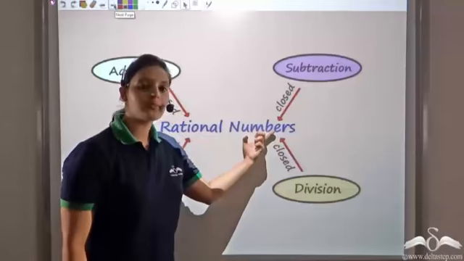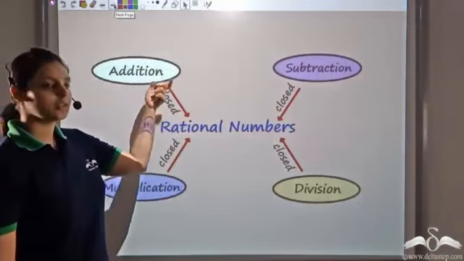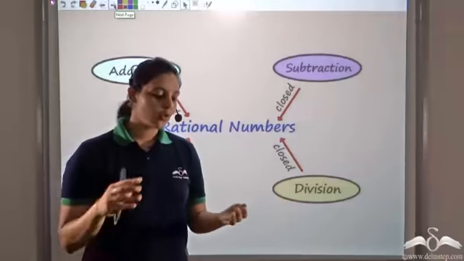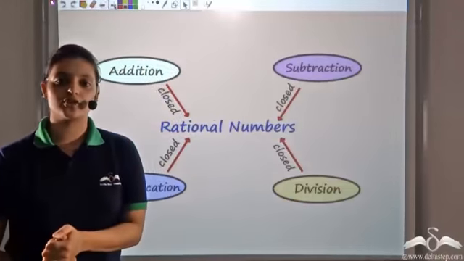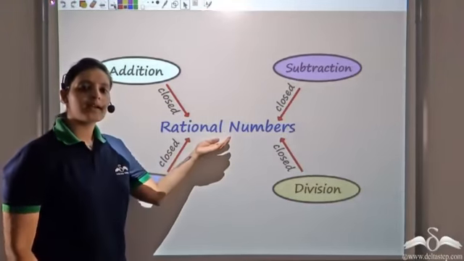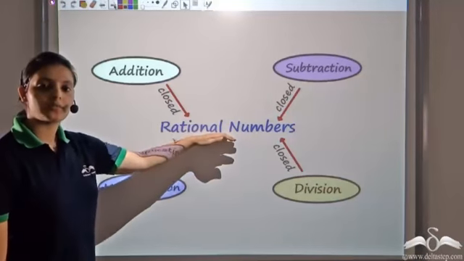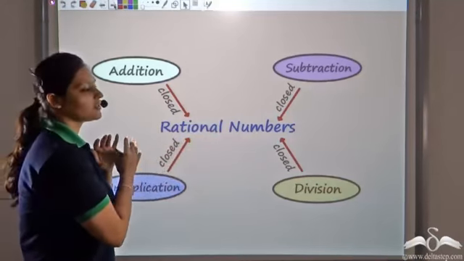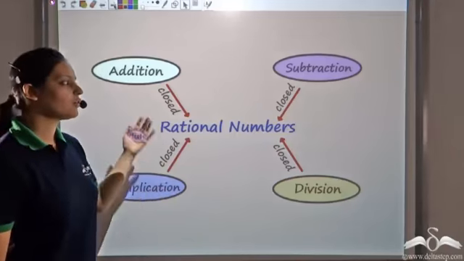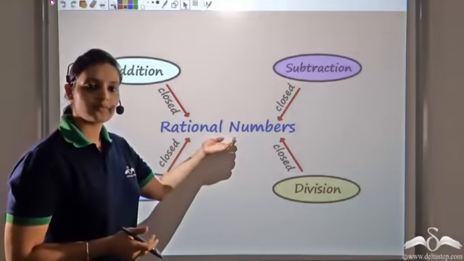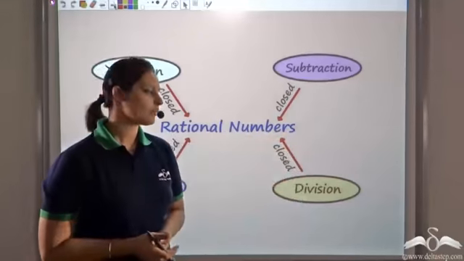Now, rational numbers were closed under addition, subtraction, multiplication and division. So all 4 mathematical operations were closed under rational numbers, and hence for a long time it was believed that rational numbers represented the entire number system, because all the mathematical operations were closed under this number system.